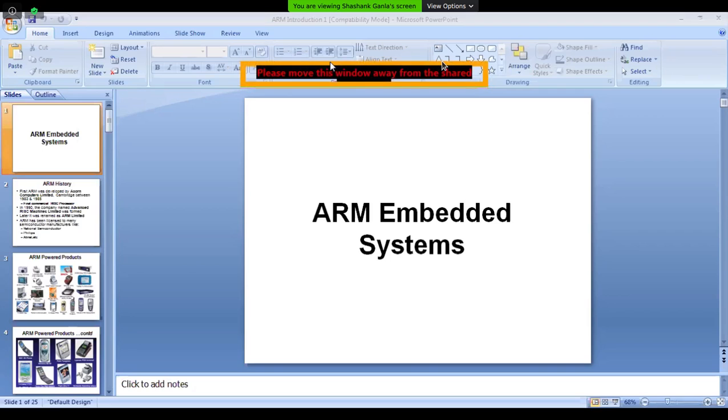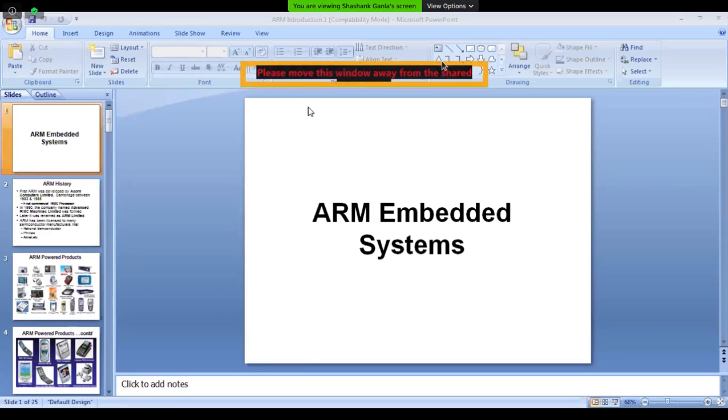Is it understood up till here so far? Please confirm. Whatever I have said, is it understood so far? Please confirm so that I can move ahead. Does anybody want to ask any doubts on what I have discussed up till here? Yes, please.